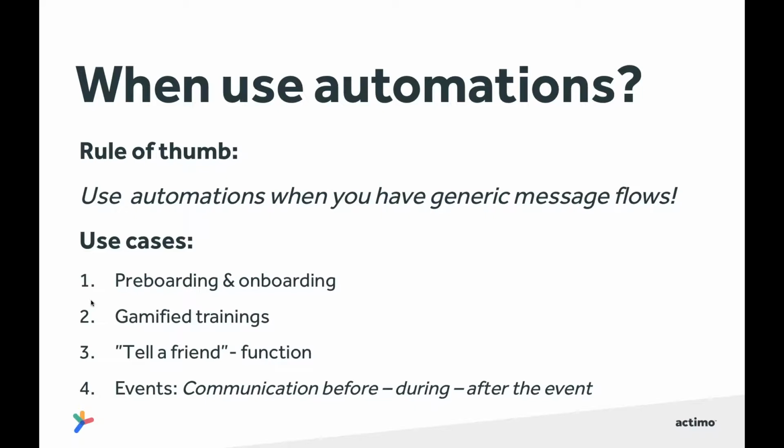This is where you as a company or as a department would like to make sure that new employees get fast up to speed, that they are onboarded properly, and they are welcomed in a professional manner. I'll get back to the onboarding scenario where you have an automation regarding onboarding.